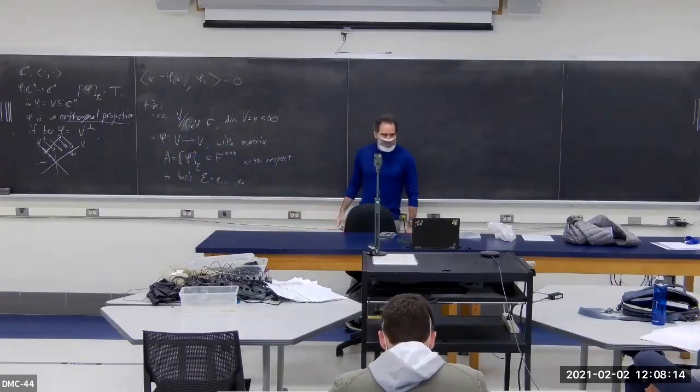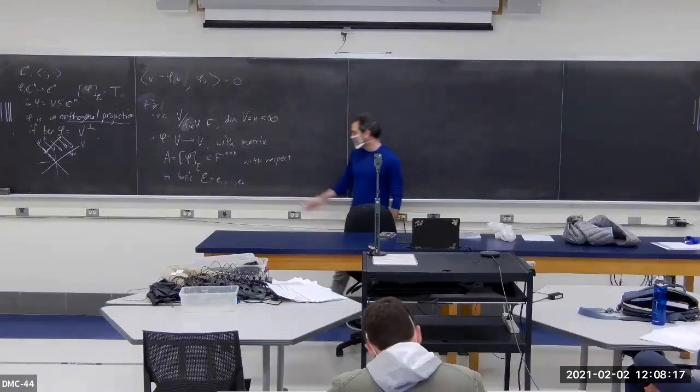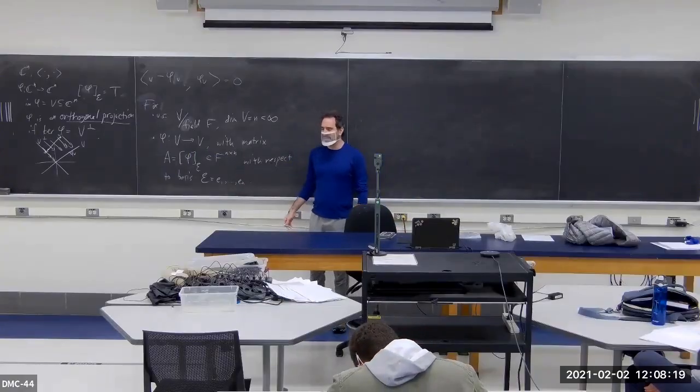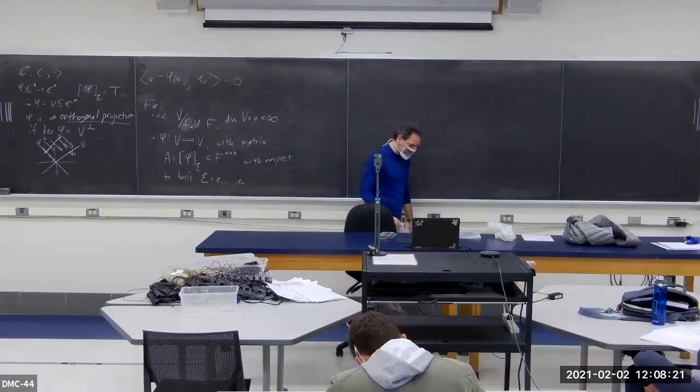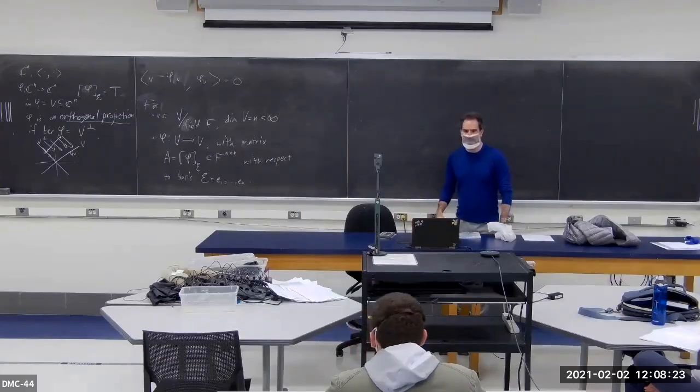So you can think, if you like, that V is just F to the n with this basis. That's the same thing as choosing a basis. Choosing a basis is the same thing as choosing an isomorphism with F to the n.